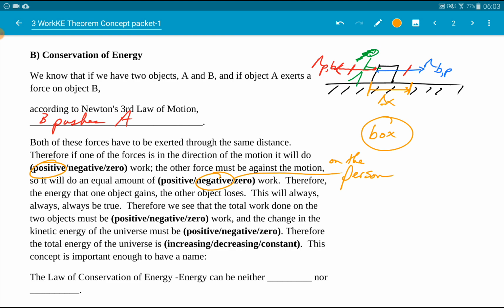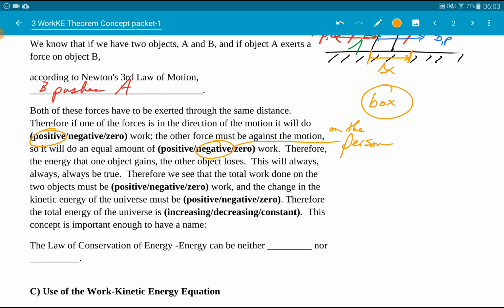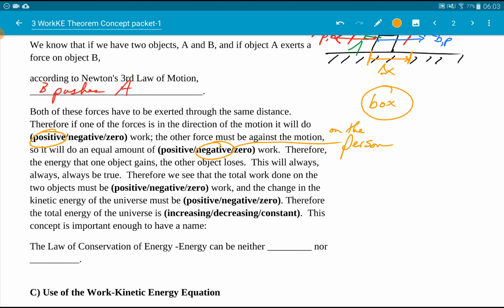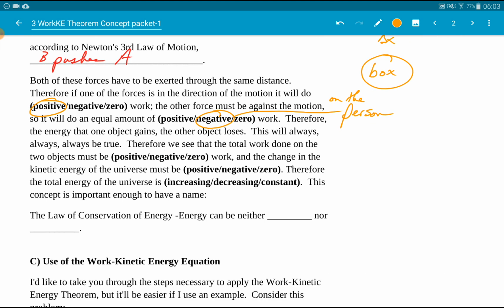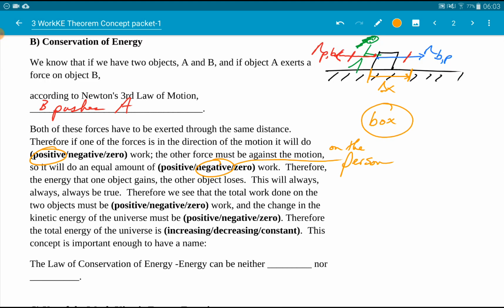Well, it sure is slowing me down using the same amount of energy in those cases. So then it sounds like that is doing a negative amount of work, where it's changing my energy, but in a negative fashion. I'm not able to move as fast. Therefore the energy that one object gains, the other object loses. So I am pushing this box, making it go faster, and the box is pushing me, inhibiting my ability to go faster, you might say.